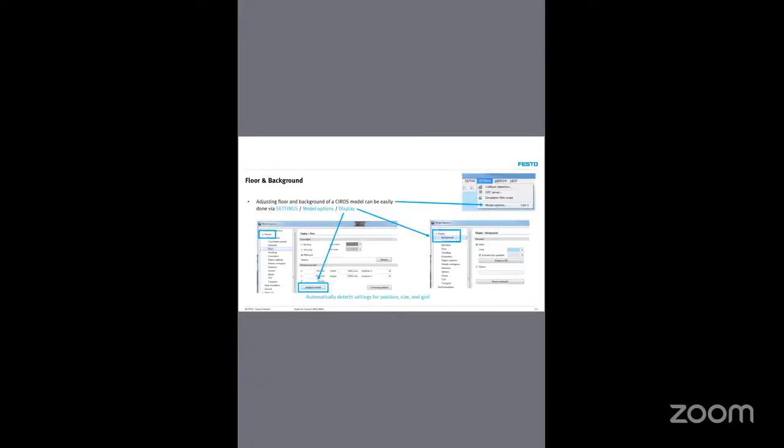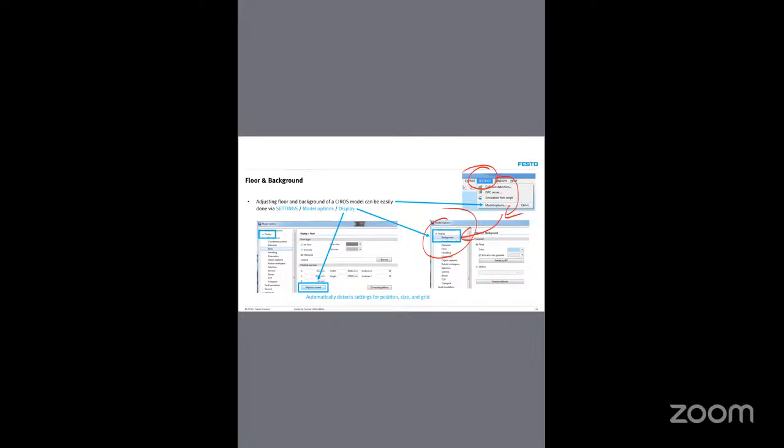Then coming to the next, floor and background. Go to settings, and then we have an option called model options, and from the model options select the display. Click this model option where there is a display option.